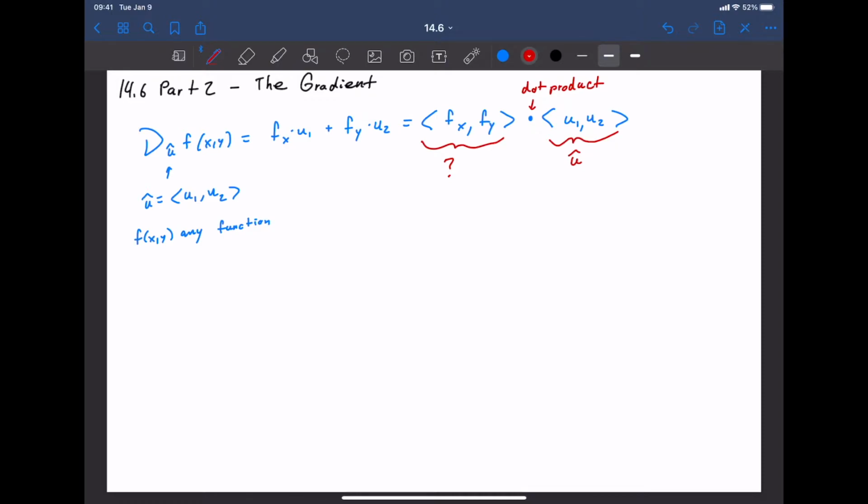video here? Well, the reason we stick them together is this guy is not some random weirdo vector. This guy is one of the most important vectors we can define in this class. This is called the gradient vector, or just the gradient often. It's one of the most important vectors in all of calculus.